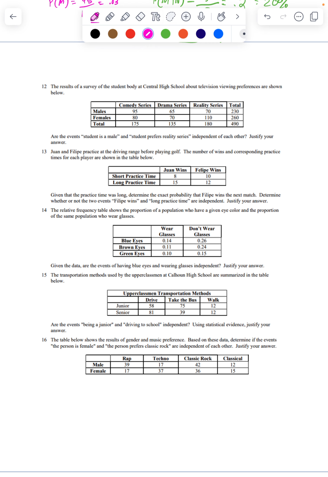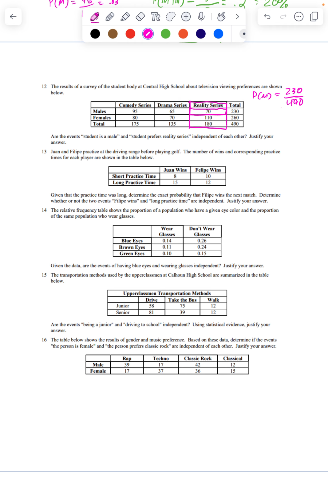Well, what they're probably asking is, out of people who like reality TV, how many people are male, right? So first we're going to find P of M equals 230 over 490.